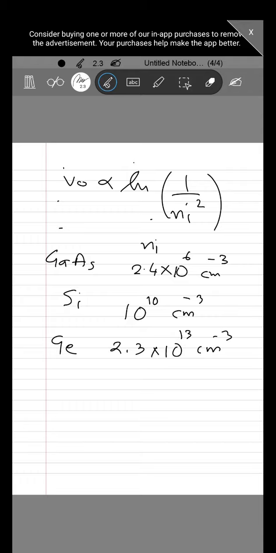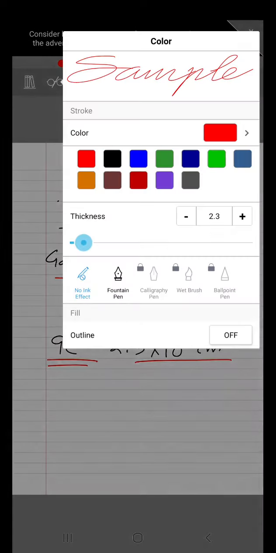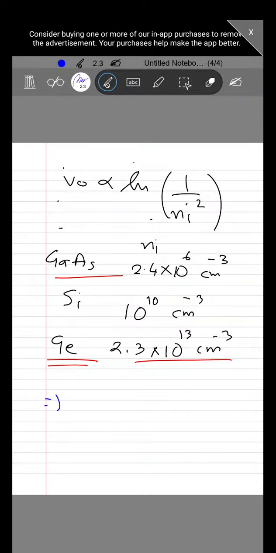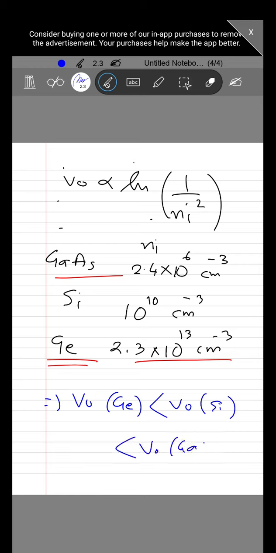So germanium among the three has the highest intrinsic carrier concentration, and gallium arsenide has the lowest. That implies that the built-in potential of germanium will be the lowest of the three, less than the built-in potential of silicon, which will be even less than the built-in potential or the contact potential of gallium arsenide.